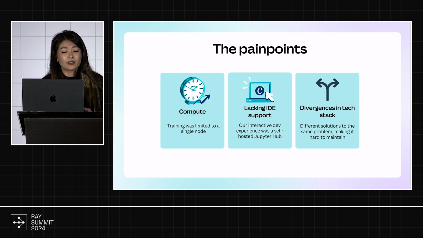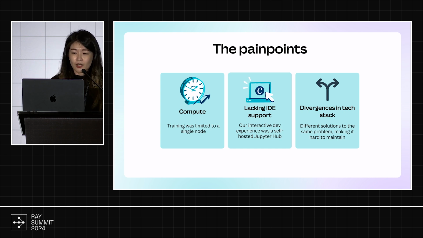Some of the bottlenecks that were hindering us from achieving ML fast and far include compute. So firstly, training was limited to a single node. While there were ways for us to achieve single node multi-GPU training, it was a bit difficult to set up, and not many machine learning engineers ended up using it. We also lacked proper IDE support.